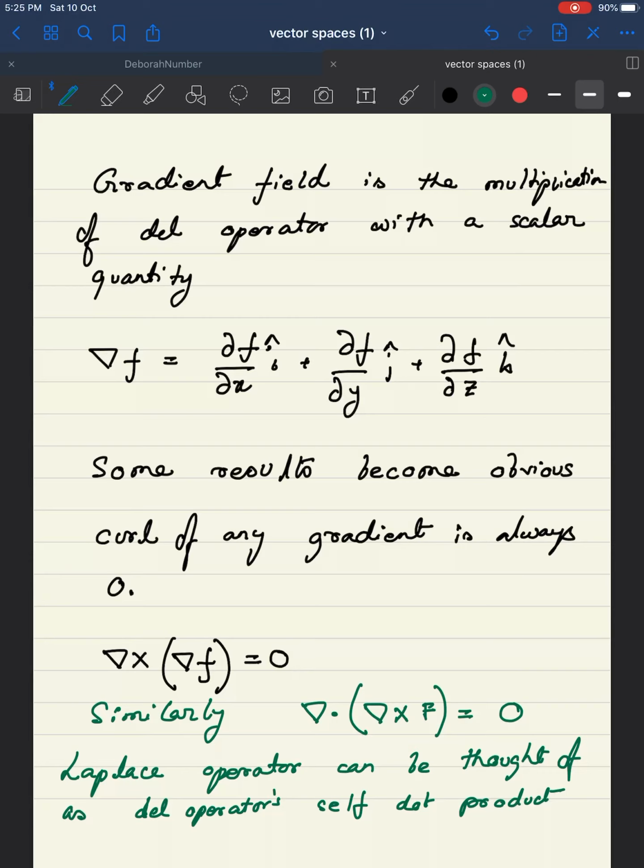So this quantity can often be thought of as this, and since you are already used to this, it is rather straightforward: del square f by del x square plus del square f by del y square plus del square f by del z square.